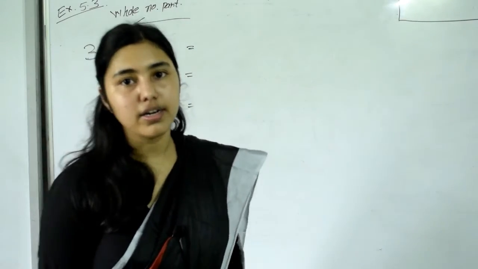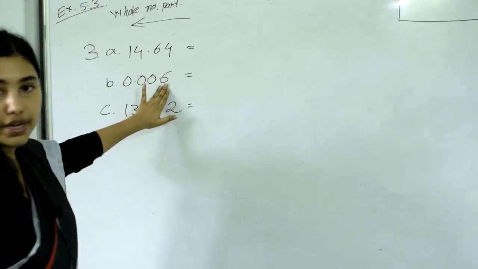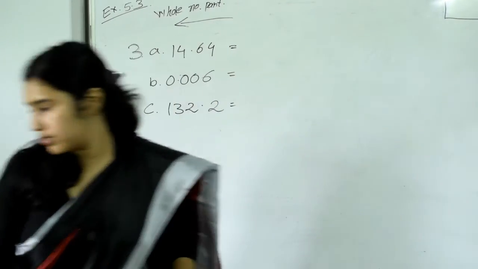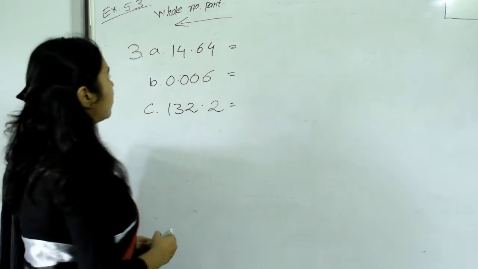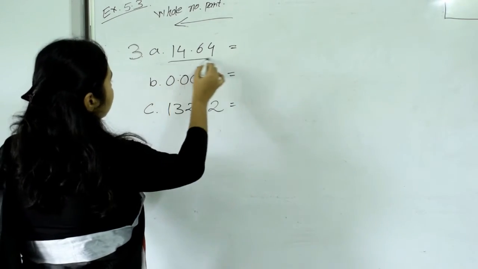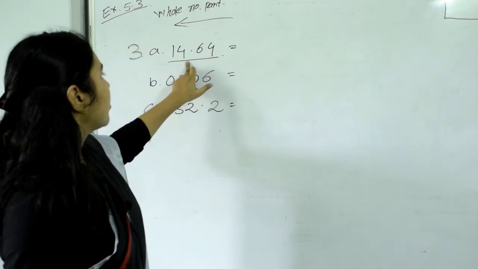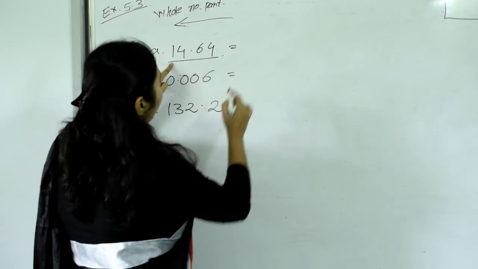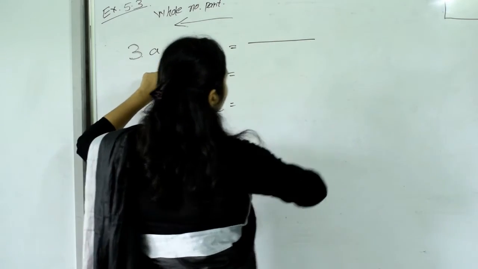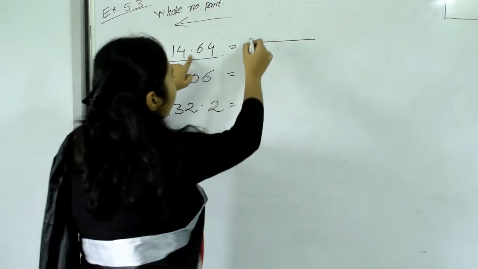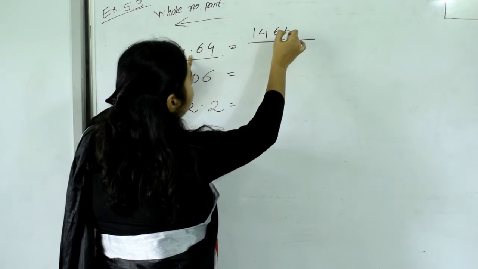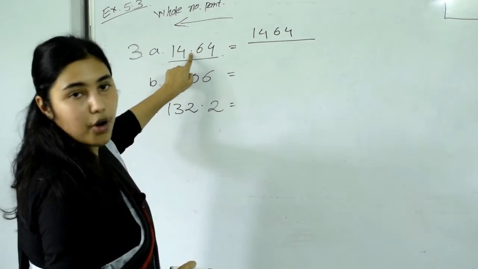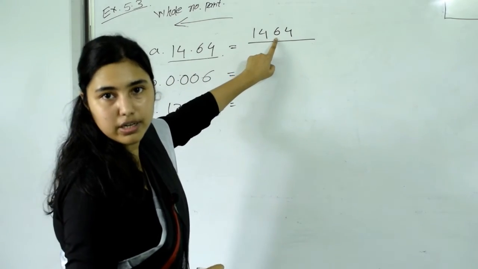Next we will learn how we can express these decimal numbers as fractions. Okay, so consider this first number, 14.64, right? So first write 14, 6, 4, this whole number without this decimal point, in the numerator.